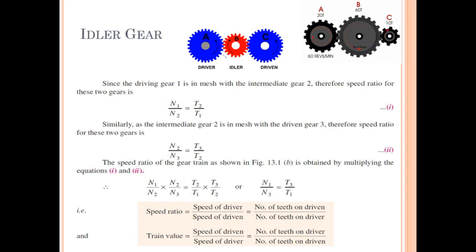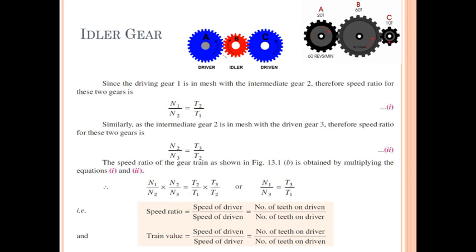Therefore for these two gears velocity ratio will be n1 upon n2, which is equal to t2 upon t1, the reciprocal of the number of teeth. For the second meshed gears, second and third, we will again apply velocity ratio. It will be n2 upon n3 is equal to t3 divided by t2. This will be the velocity ratio for second and third gear.